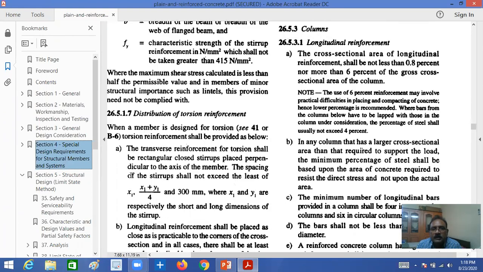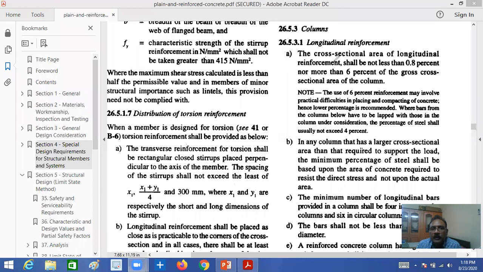If you observe this one, the cross-sectional area of the reinforcement shall not be less than the minimum reinforcement of 0.8% and not more than 6% of the gross area. And if there is no overlap, it is 4%.